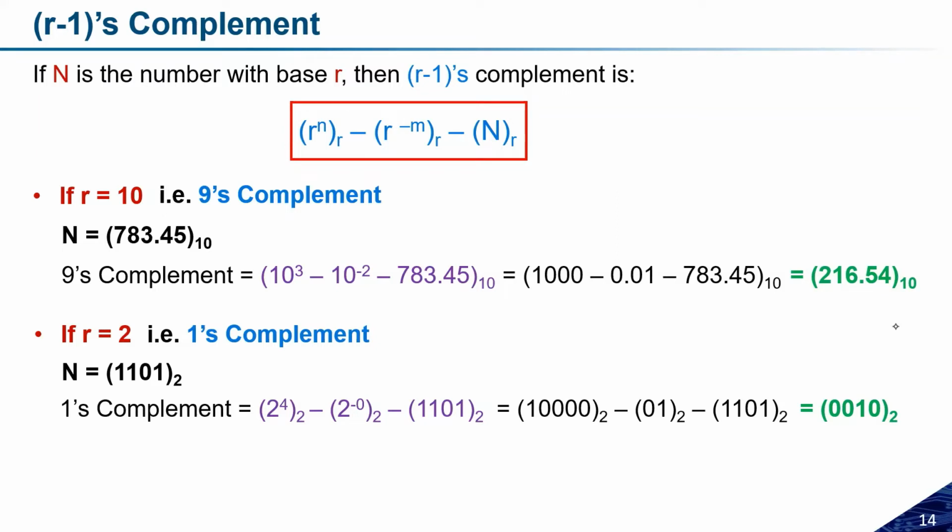M is nothing but the number of digits in the fractional part. If you see, for r is equal to 10, here we have 2 digits in the fractional part, so m will become 2. So this is how we can calculate it.